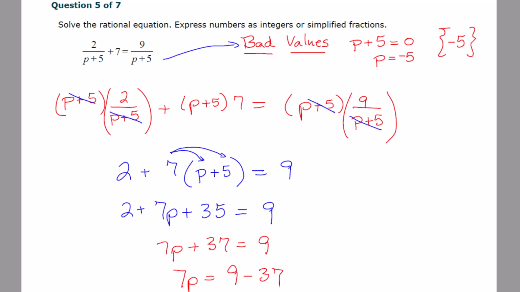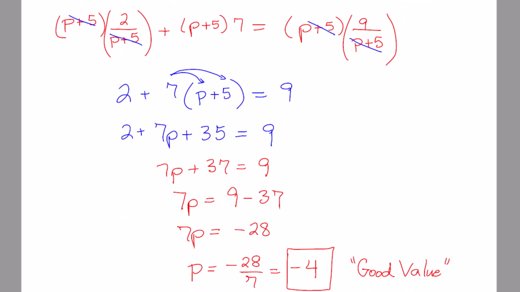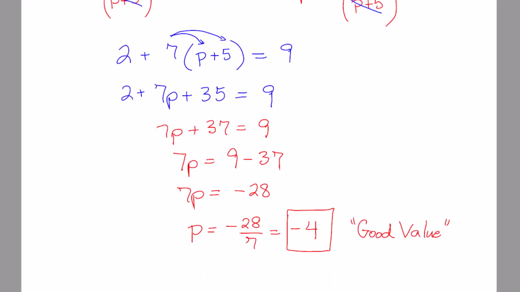All right, I need to distribute the 7, so 7p plus 35. Let's see, got a couple of numbers there. I've got a 2 and a 35, so that's a 37. Let me take the 37 to the right, and so I get 9 minus 37, which is minus 28.